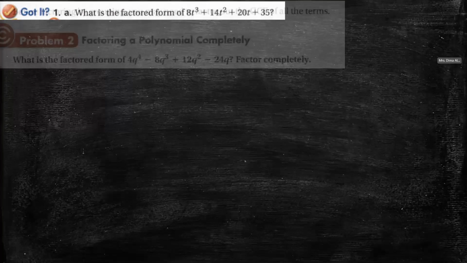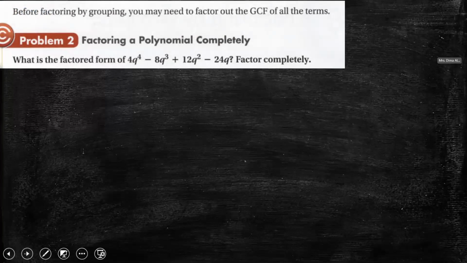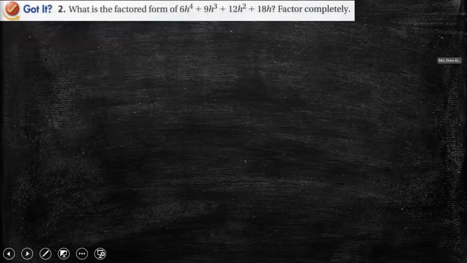If it is multiplied by a q, like this one here, the last term is not 24, it's 24q, multiplied by a variable. In this case, I will use the GCF first. Then after I find the GCF, I will factor them by grouping.